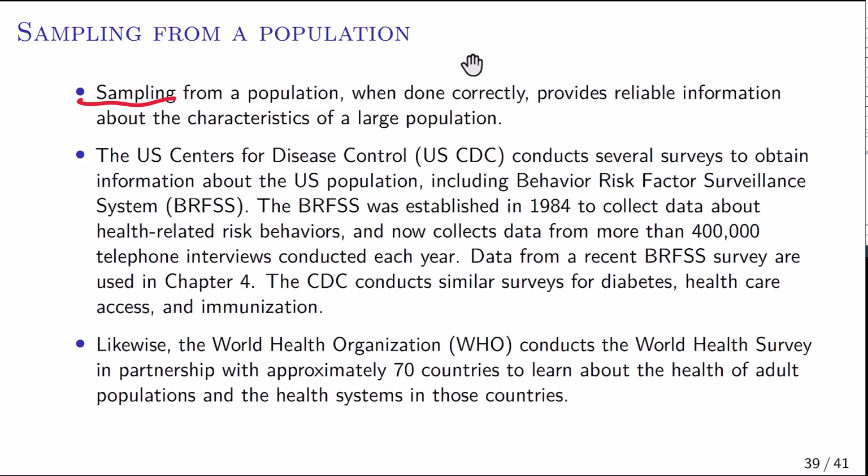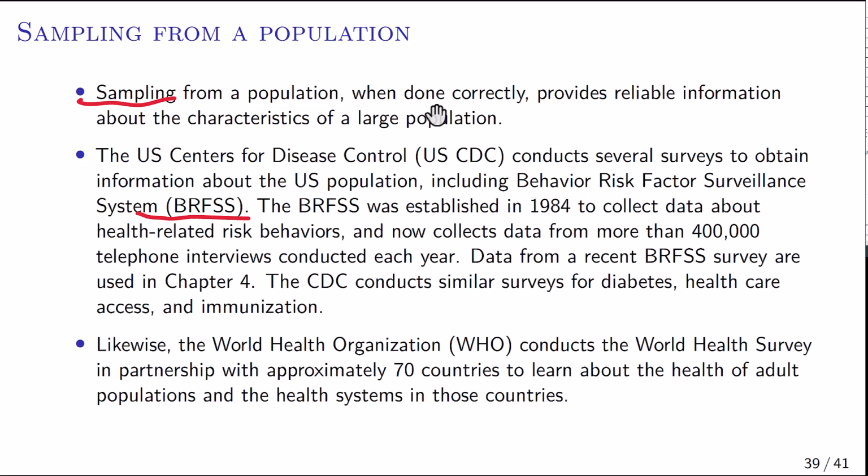Here in the U.S., one famous survey related to health and nutrition is the BRFSS, the Behavioral Risk Factor Surveillance System. I put a link here, you can just hit the link and visit the website.